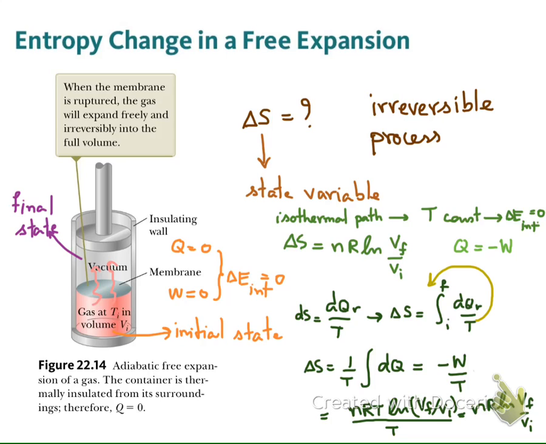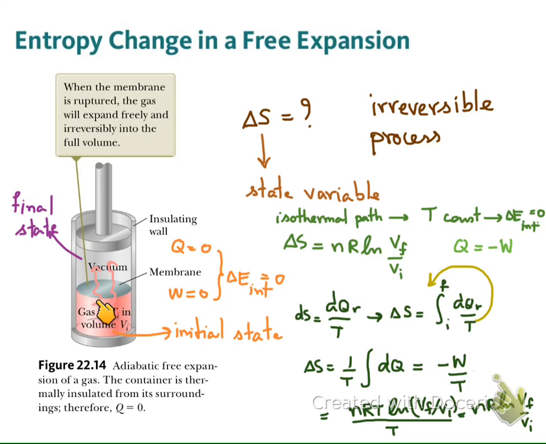So this is the expression for the change of the entropy. You can see that since Vf is larger than Vi, the entropy change is positive, which is reasonable. We can see that the initial state of the gas is more ordered than the final state. In the initial state, all the gas is below the membrane. So we can specify the position of the gas more precisely because we know that it is somewhere here, in the small volume under the membrane.